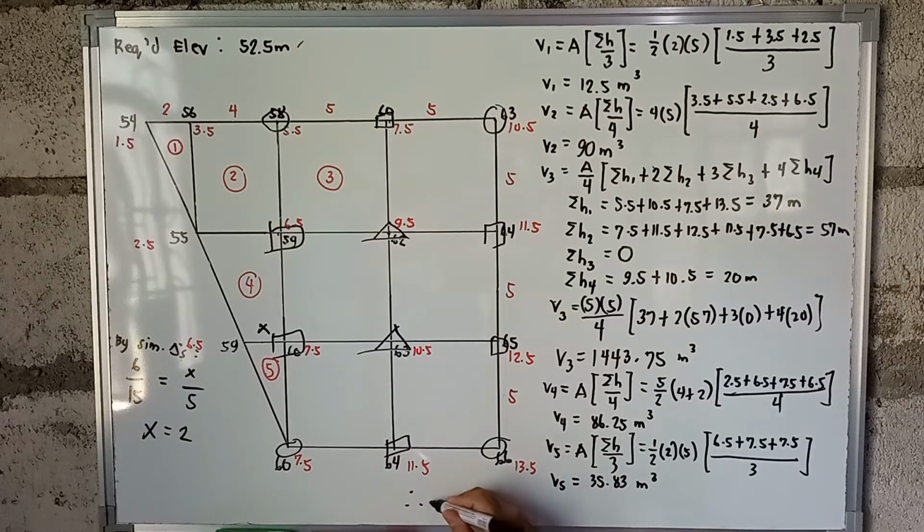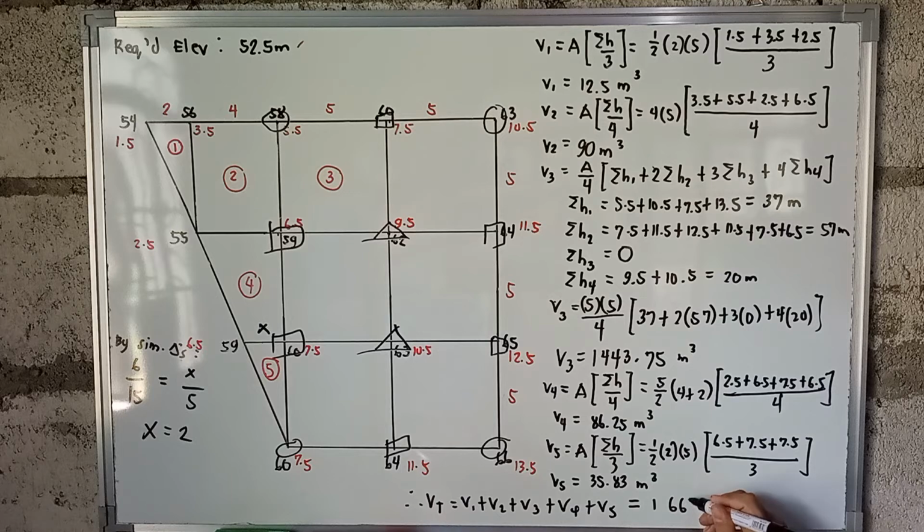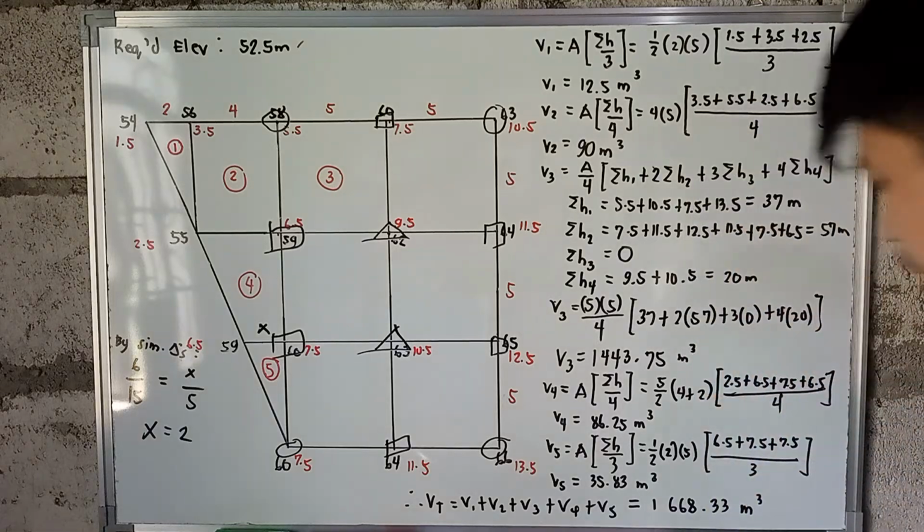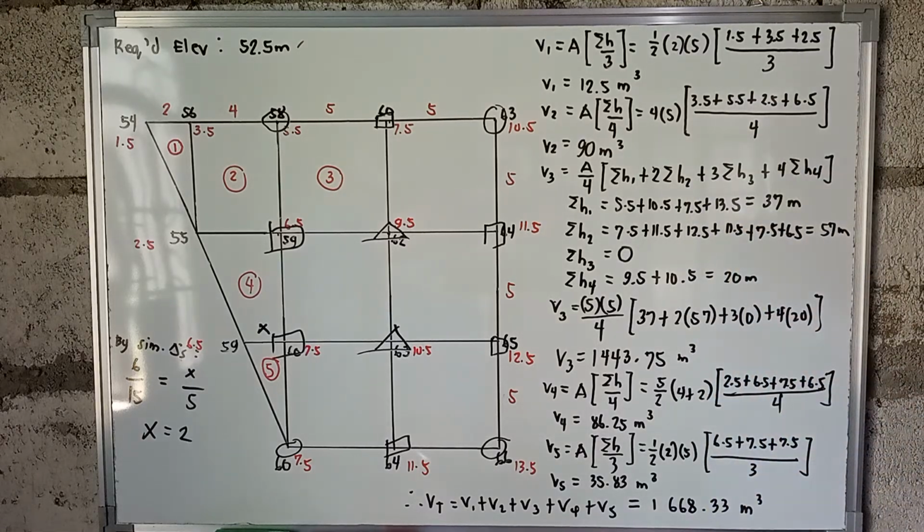So now let's solve for the total volume. Therefore, total volume is equals to V1 plus V2 plus V3 plus V4 plus V5, where it is equal to 1,668.33 cubic meter. So, this will now be our answer.